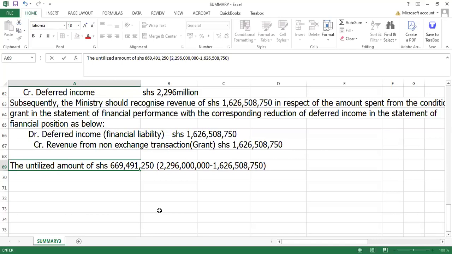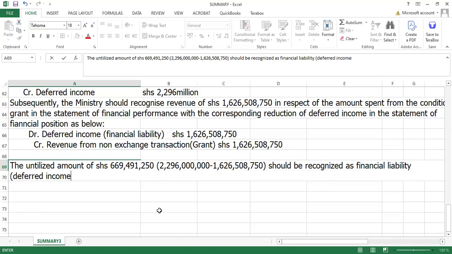The unspent amount should be recognized as it is still a liability. It is still recognized as a financial liability, which is part of your deferred income.